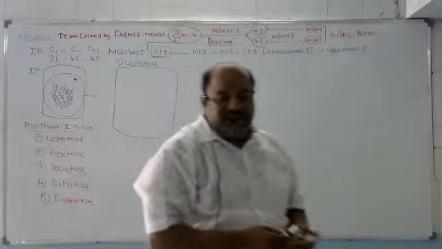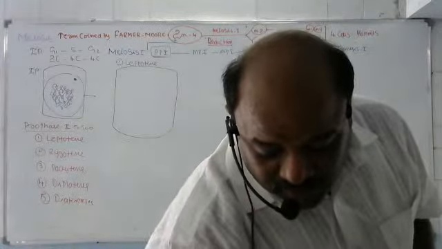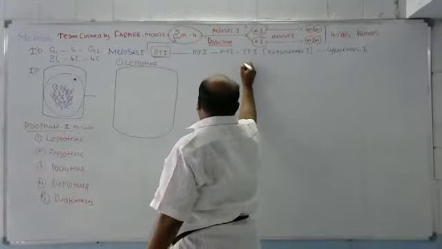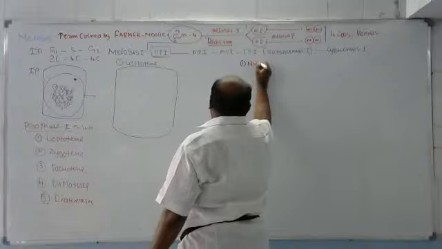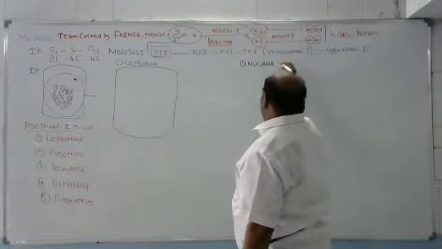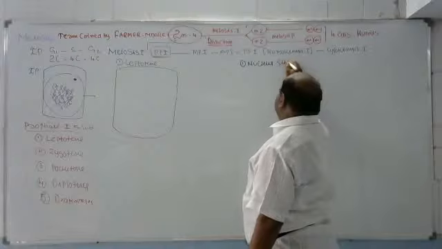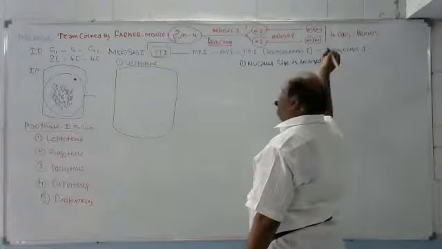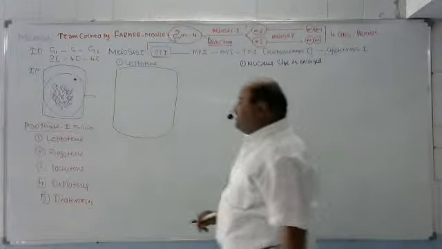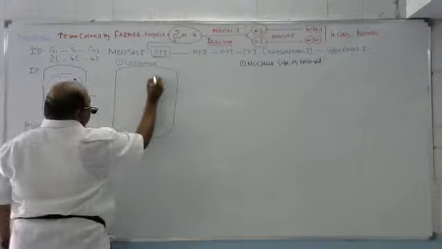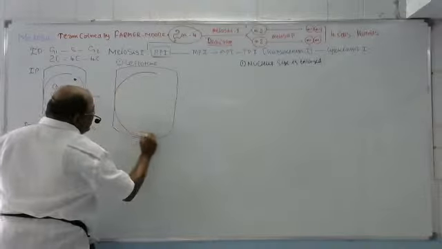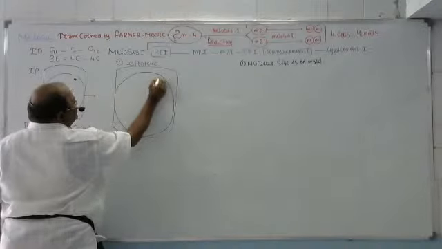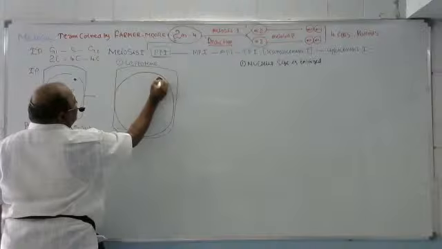The first foremost thing: when prophase leptotene starts, the nucleus size is enlarged. This is the nucleus, and its size is enlarged. Gradually, the nucleolus size is also enlarged.